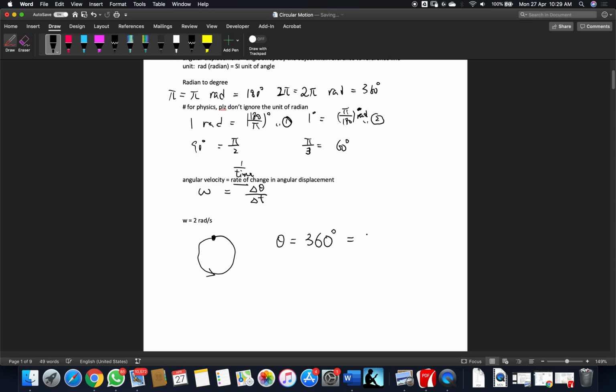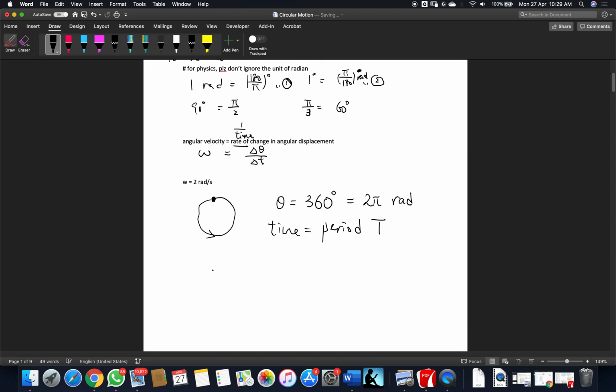In terms of radian, that is 2 pi radian. The time here, we call it period, and we use the symbol big T to represent the period.